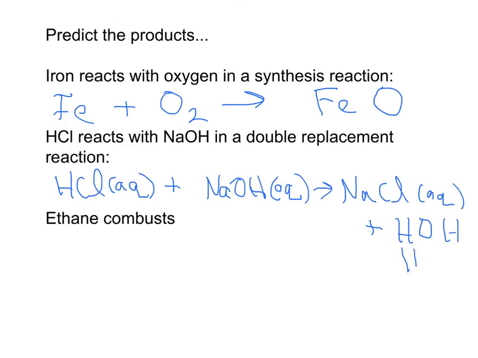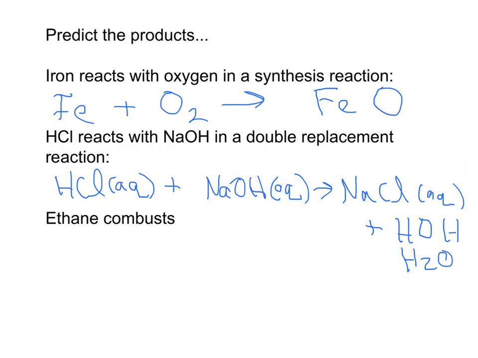That's really H2O, that's water. Okay, so this is a special case of a double replacement reaction. This particular one, we have a base reacting with an acid, is called a neutralization. You're always going to get some sort of ionic compound, and then water as the other product.